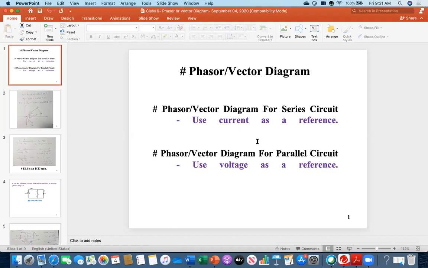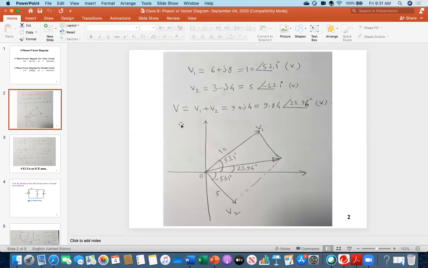If you apply these two techniques, then it is easy for you. Before coming to that point, let's first look at how to draw the phasor or the vector. For example, you have a voltage V1 equal to 6 plus j8 in polar format, and another voltage V2 equal to 3 minus j4 with its equivalent polar format.